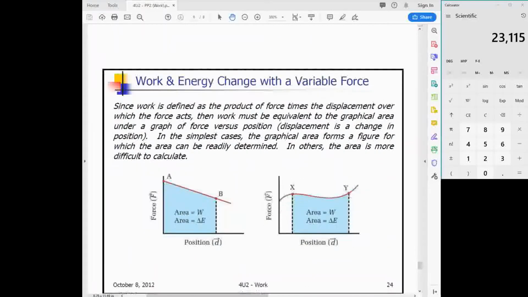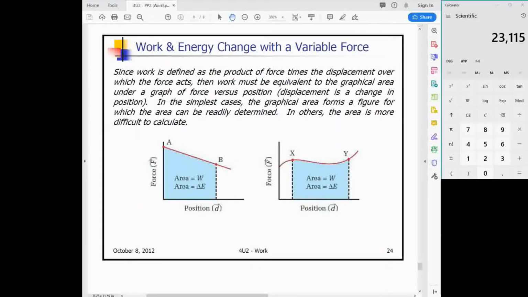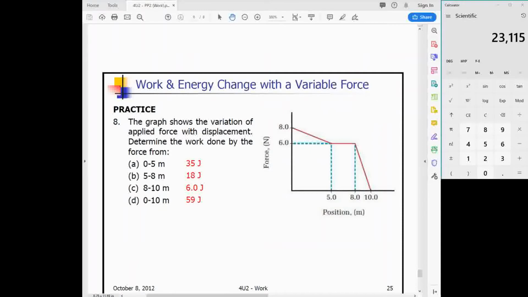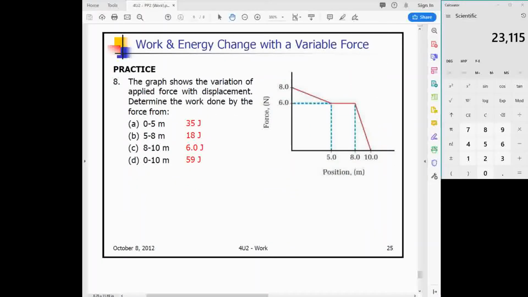Springs are common, if you ever look at the data sheet for a spring. So since work is defined as the product of force times the displacement over which the force acts, then work must be equivalent to the graphical area underneath the graph of force versus position. So this is something else to be aware of, and I'll go through a quick little example here.